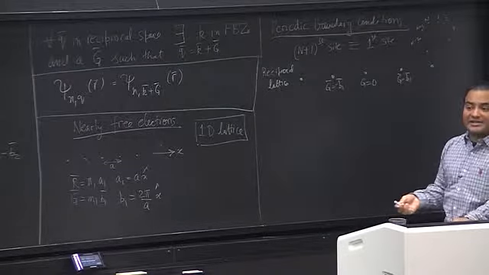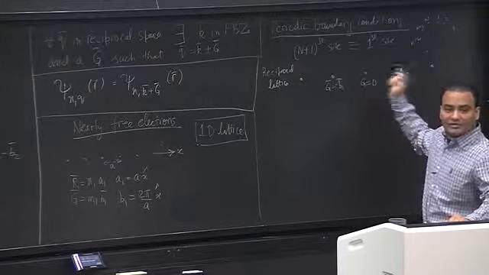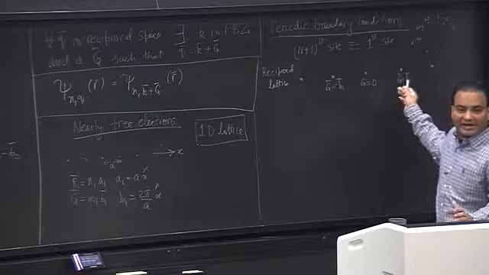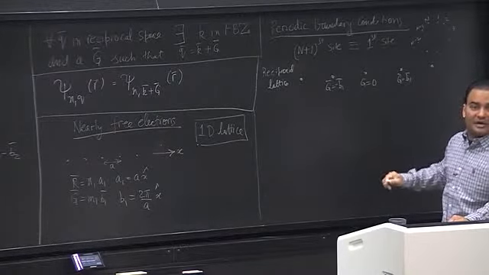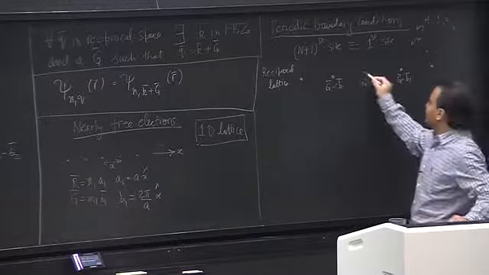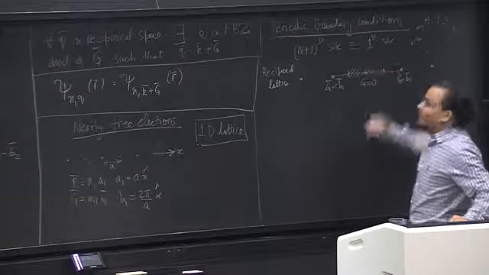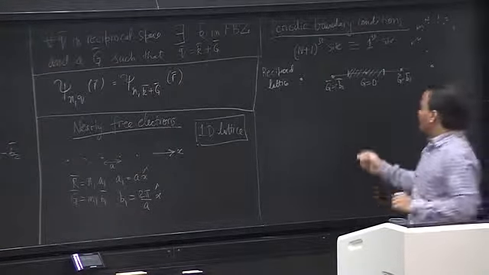How is the first Brillouin zone defined? All points that are closer to G equal to 0 than any other reciprocal lattice vector. So all points between this and this is the first Brillouin zone.